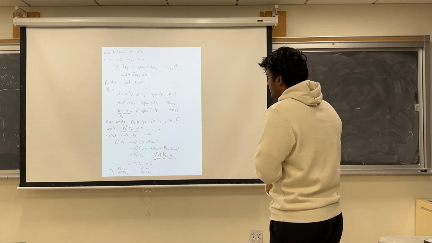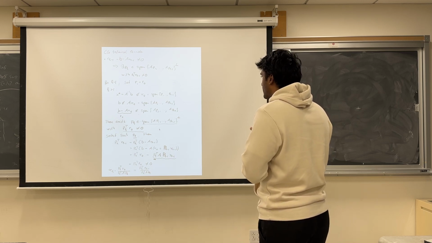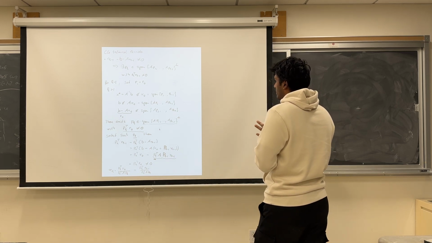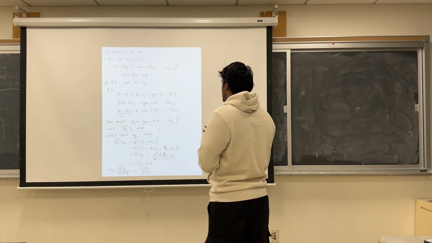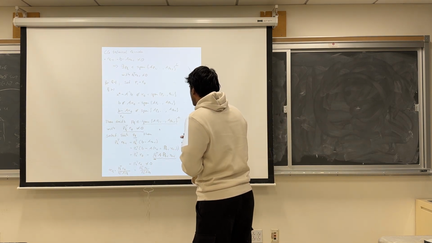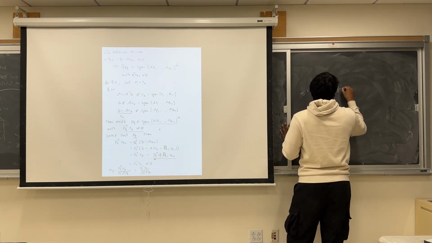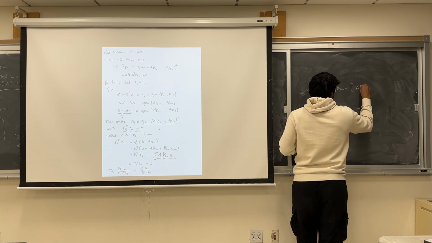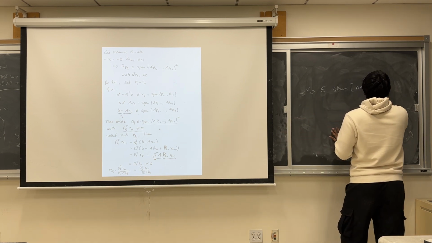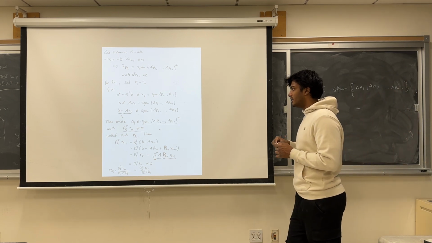b does not belong to A x naught plus the span of AP_1 up to AP_{k-1}. So b minus A x naught, R naught, does not belong to the span of AP_1, AP_2 up to AP_{k-1}. Right? R naught does not belong in that.